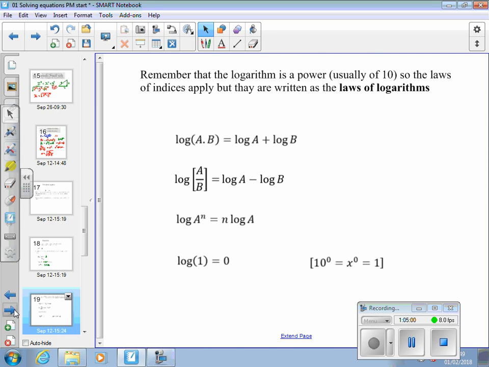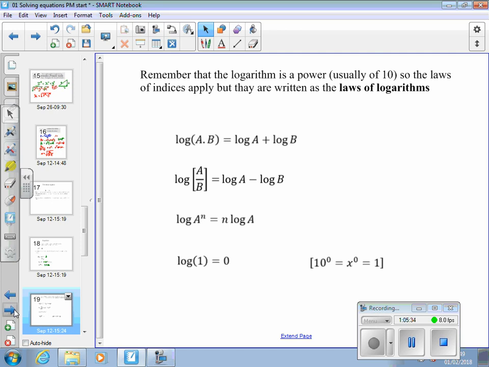Laws of logarithms. Remembering that a logarithm is a power, usually with 10, so the laws of indices apply, but they are written as the laws of logarithms. So we can write that the log of A times B is equal to the log of A plus the log of B. Sometimes these different ways of writing things can be useful in moving an equation around.